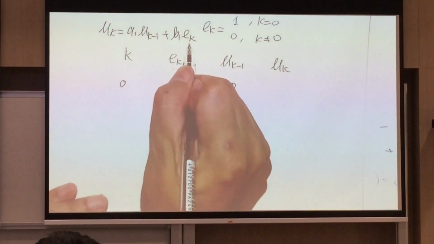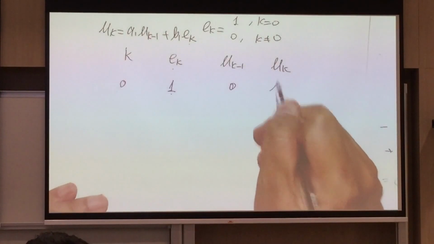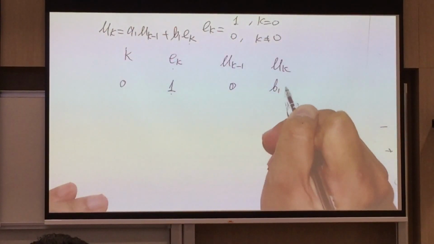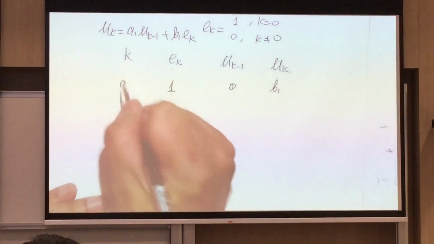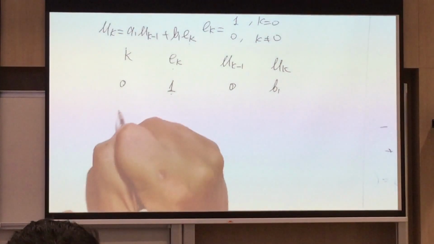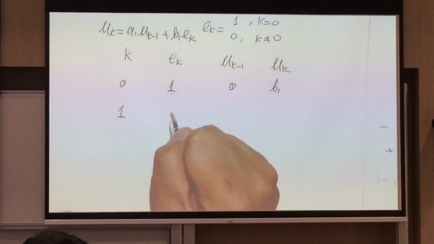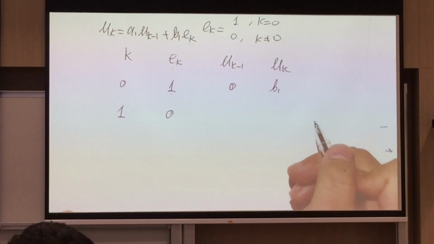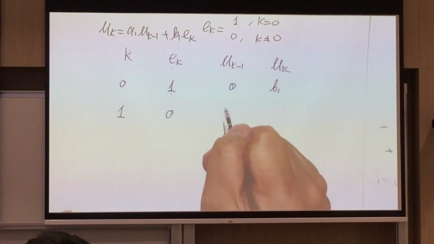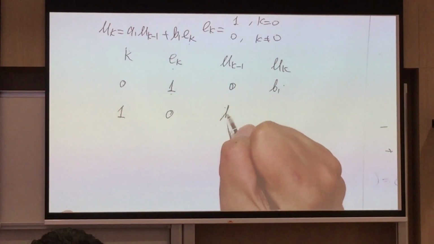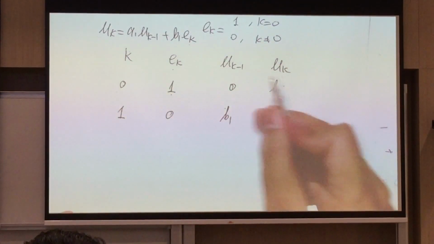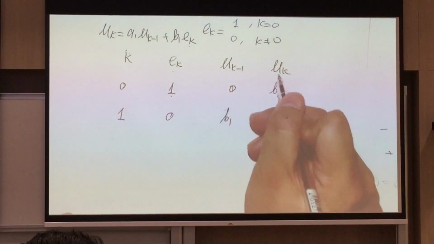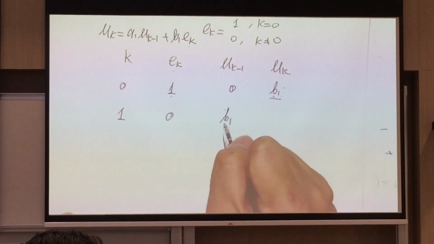Now my e(k) is 1, so what did I get? b1 times 1, so b1, when my k is equal to 0. So when my k equals 1, what do I get? My input becomes 0. How much is my u(1) now? u(1-1) is u(0), which is b1, right?